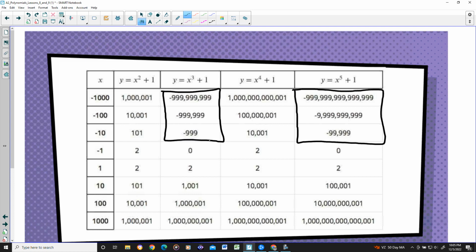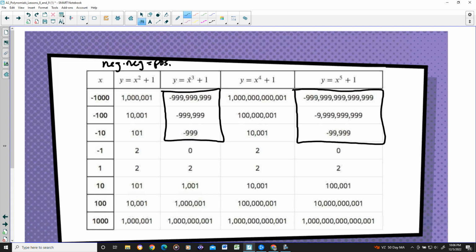It's because when you square something, you're taking a number and multiplying it by itself. So you take a negative, and negative times negative is equal to positive. And so you might remember that with x squared, these are all going to be positive because no matter what, you're always going to have a negative times a negative or a positive times a positive, and those will always be positive numbers. So when you add 1, your answers will necessarily all be positive.